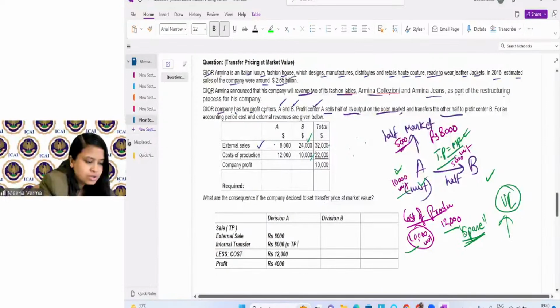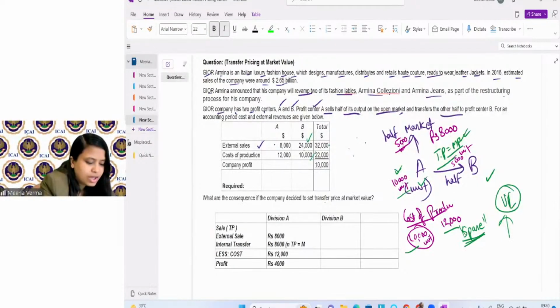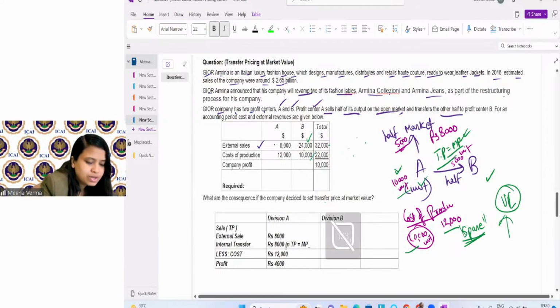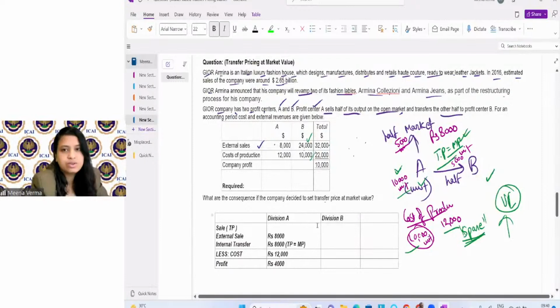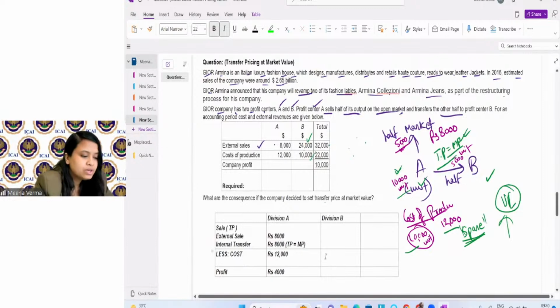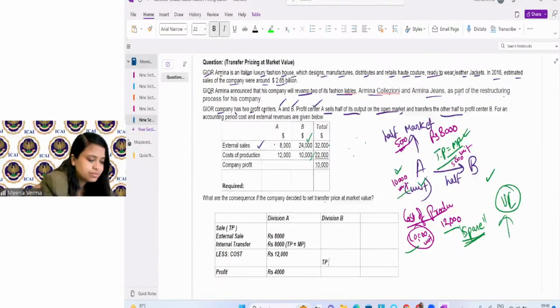This is mentioned in the question, that you are transferring the goods on the basis of market price. So this is the revenue for division A, but it will become the cost for division B. So the transfer price will become the cost for them.